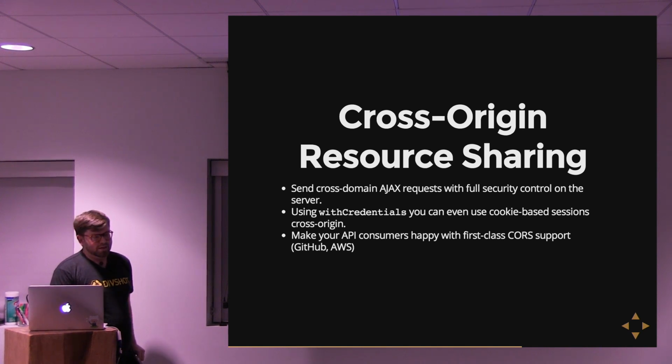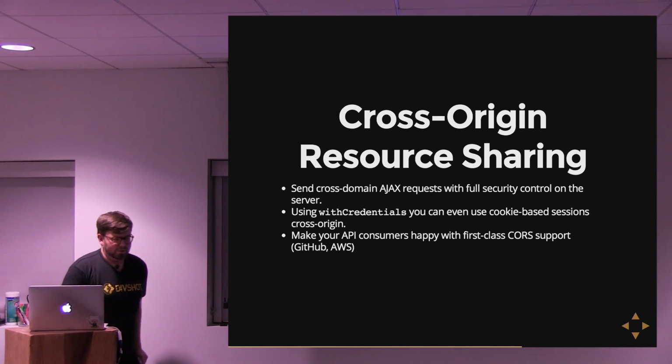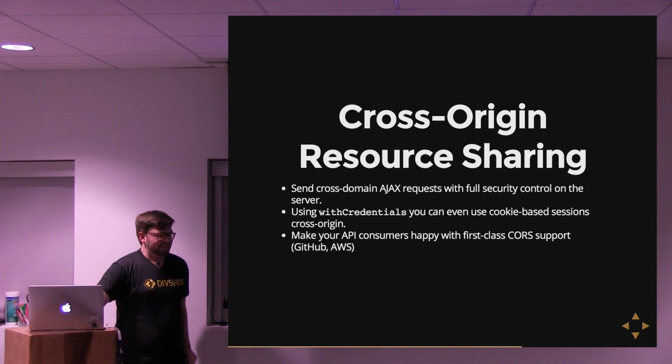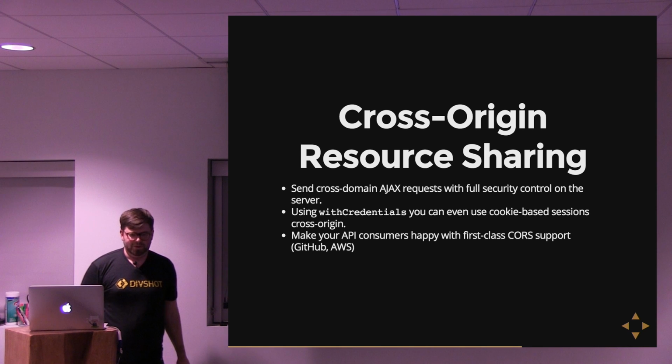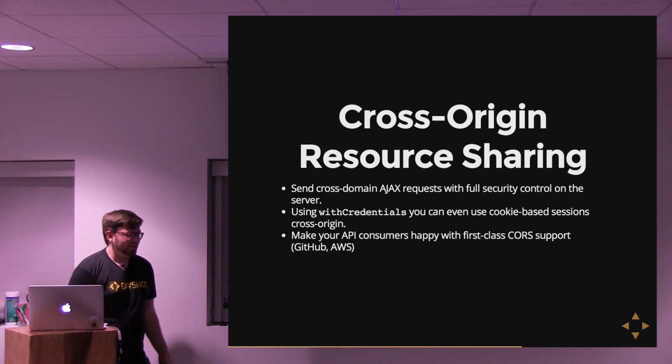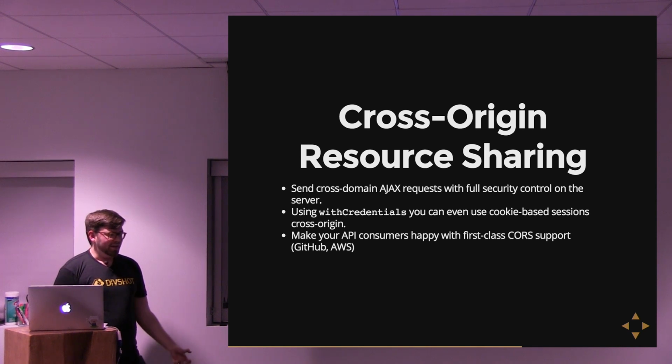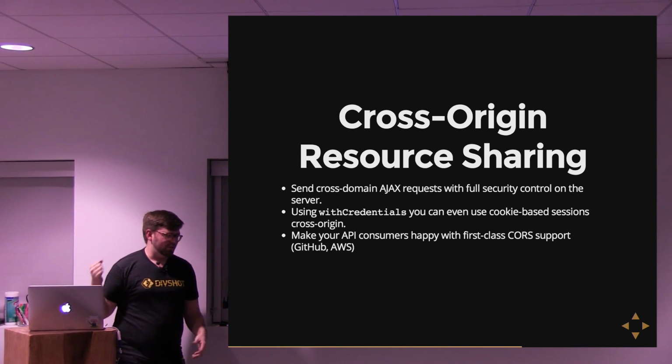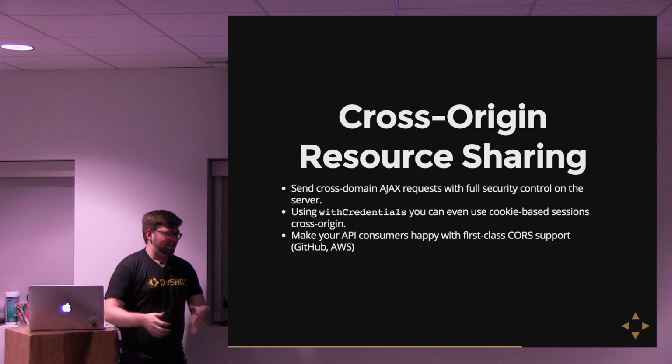There's GitHub, and the Amazon Web Services APIs support CORS. And there's amazing stuff that happens. If you've ever seen, like, here's an alternative interface for GitHub issues that I built in 20 minutes and it's hosted on GitHub Pages, that's enabled because GitHub's API has CORS support. So anything you can do with the API, you can do in the browser.